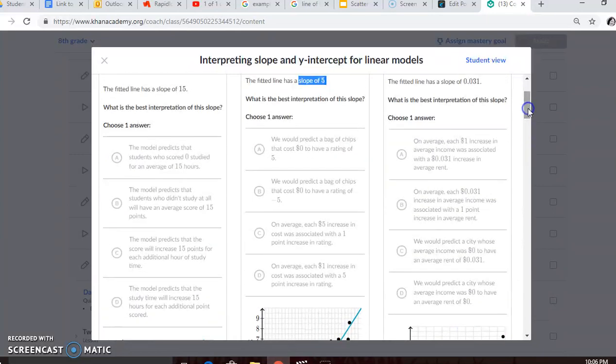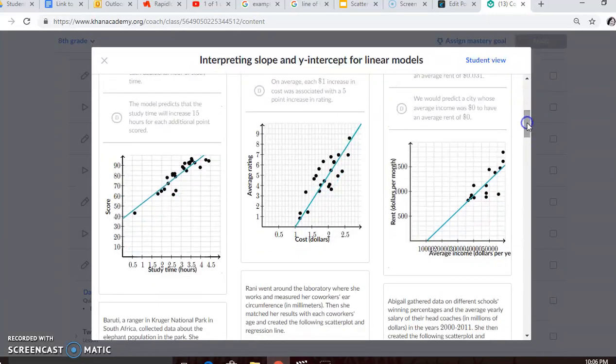If the slope is 5, that means 5 rating points divided by $1, because I have to do the y-axis first. It doesn't mean $5 for 1 rating point. 5 is 5 over 1, so every time I go up 5 in average rating, I go over 1.